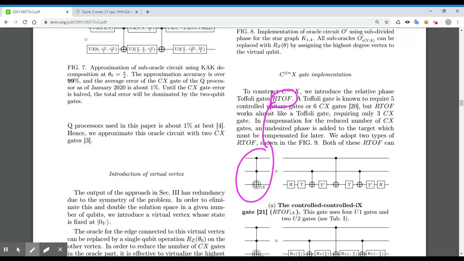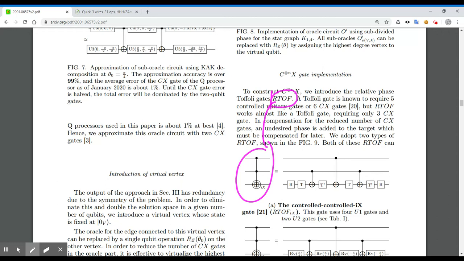Okay, so it's supposed to work like the Toffoli gate, but it has an undesired side effect. Okay. What's that? That it adds an undesired phase? Is this because of phase kickback or?